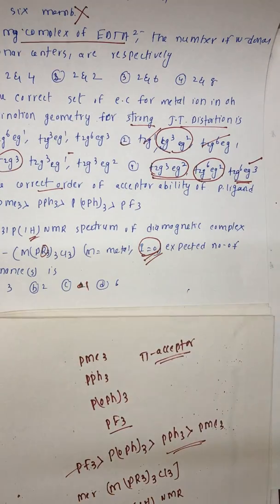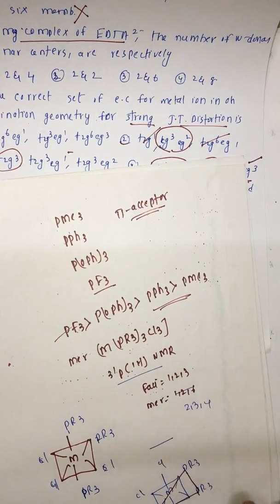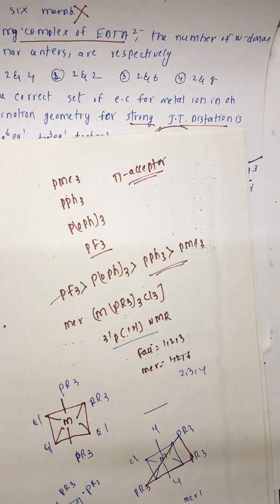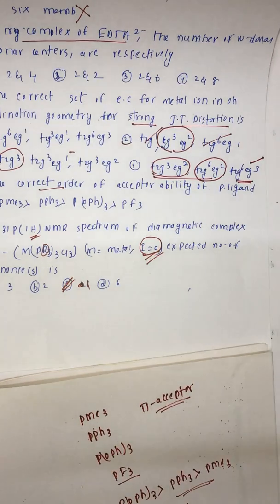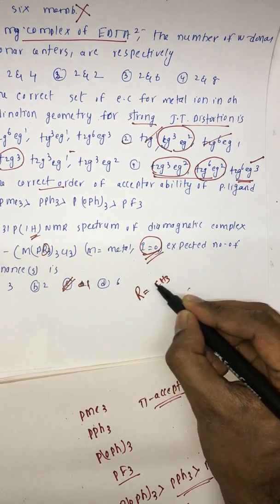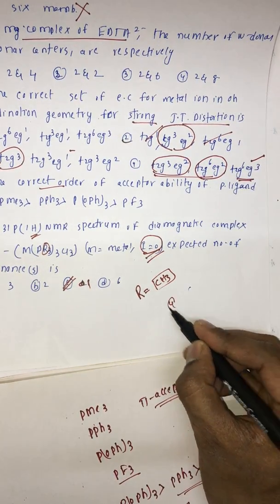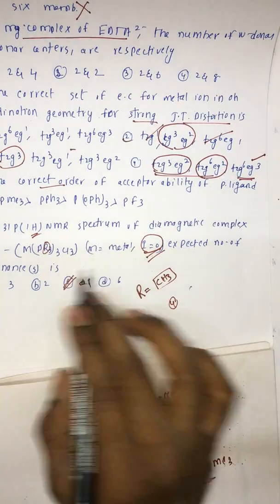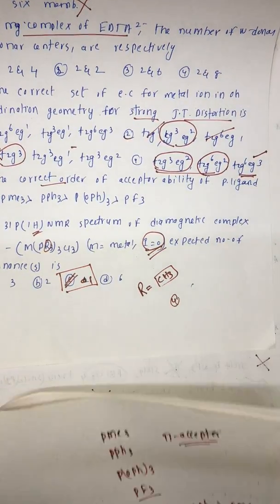In this case we will get only one line, because all the phosphorus are equivalent. So there is no metal coupling, and the alkyl group was not mentioned. So I am expecting the answer is only 1. If they had mentioned R equals CH3, then we could go further and say 4 lines or 8 lines like that. But since the R group is not mentioned, most probably this could be the answer. So this is about this.